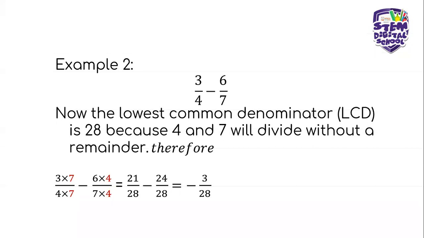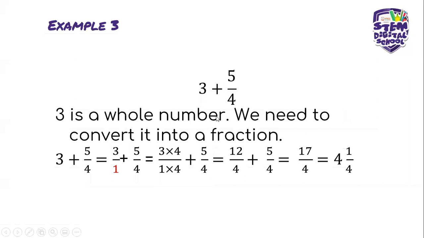And I hope that the lesson has given you some understanding in as far as addition and subtraction of fractions. Now, the next example is a bit different, although we are also adding fractions. You can tell that we are now adding a whole number and a fraction.